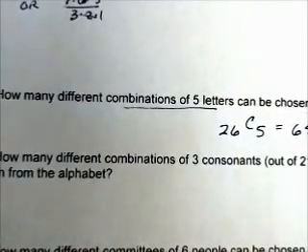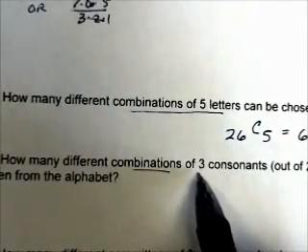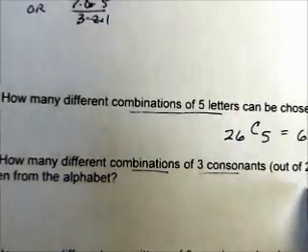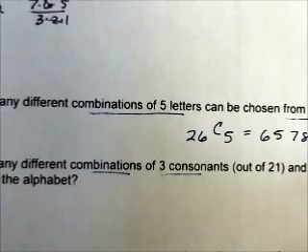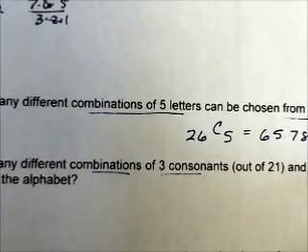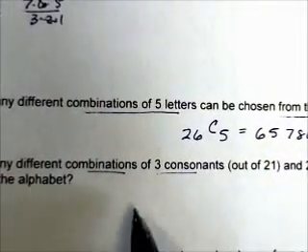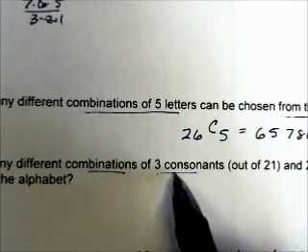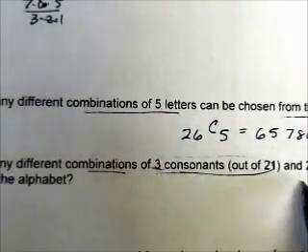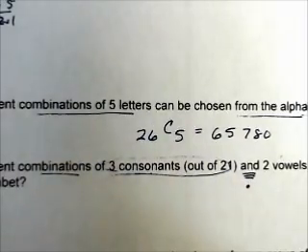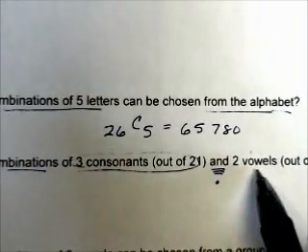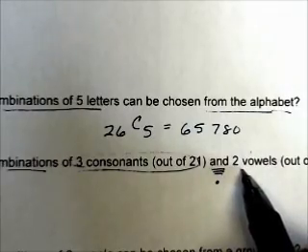Next, how many different combinations of 3 consonants out of the 21 consonants and 2 vowels out of 5 can be chosen from the alphabet? Okay, so we're looking for combinations of 3 consonants out of 21, and whenever we see "and," it's going to be multiply.